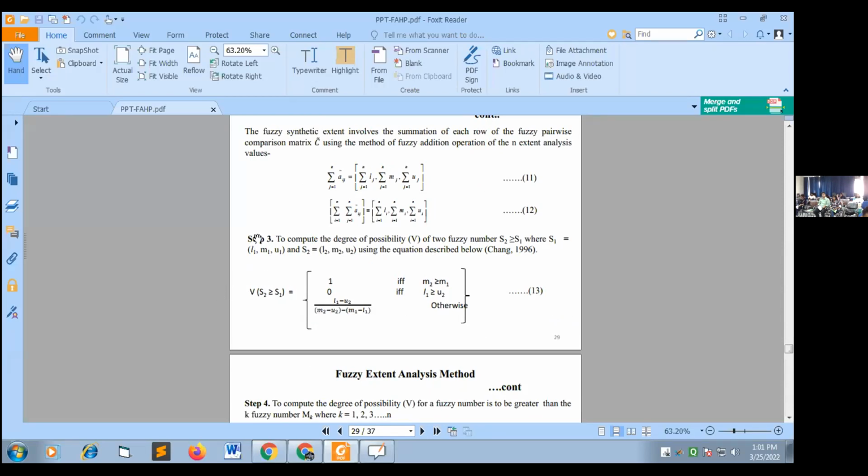So this is the comparison between the two fuzzy numbers, and otherwise we can use this formula.